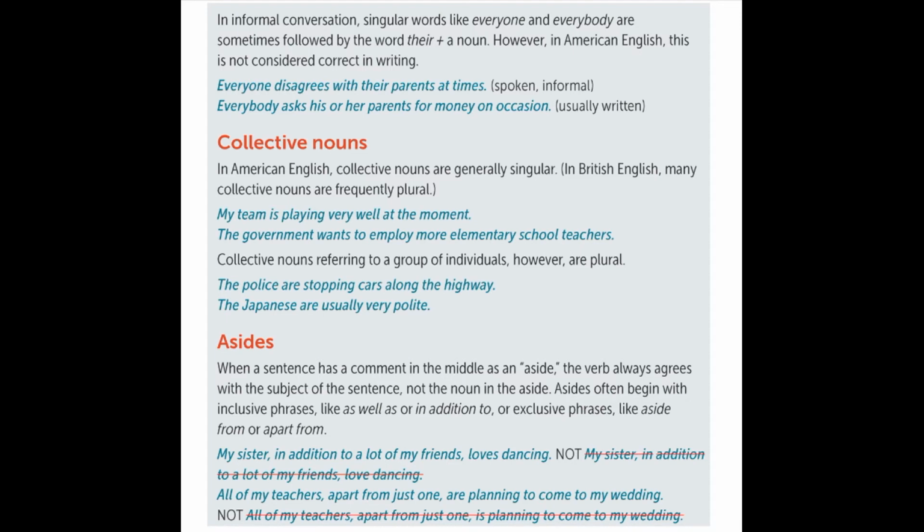Not all of my teachers, apart from just one, is planning to come to my wedding. You see? Teachers is a word that is in the plural. Apart from just one, the idea is in the singular, but I agree with the subject, not the aside. You see? I agree with the word teachers. So I say all of my teachers are planning to come to my wedding.